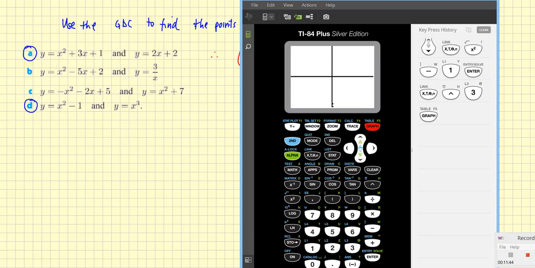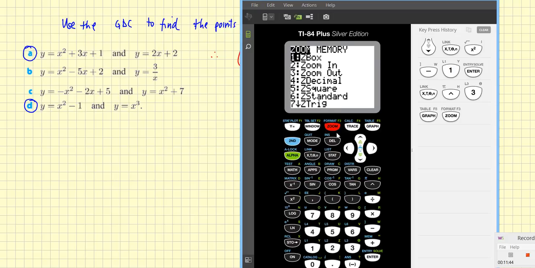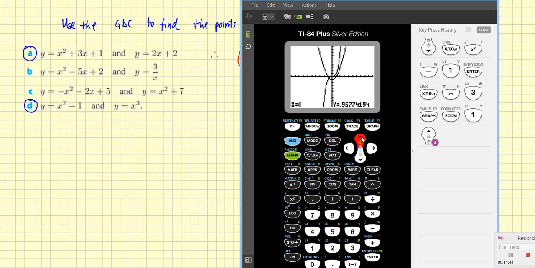Because I can't see very well where the points of intersection are, I'm going to show you a new technique where we can make a zoom box. So I'll go to zoom 1, and I'm going to move my point left and right to zoom in on the area.